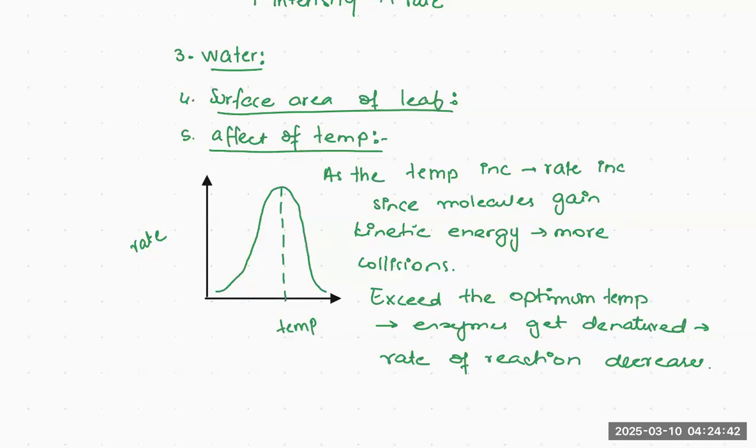For example, you should have an idea about how you can test for starch. That is a really important one. You should also know about the effect of carbon dioxide on photosynthesis, the effect of oxygen, or the effect of light intensity, right? So you should have a little bit of an idea about these experiments. I'm going to go ahead and share some of these experiments with you. Just give me a minute. Hold on.